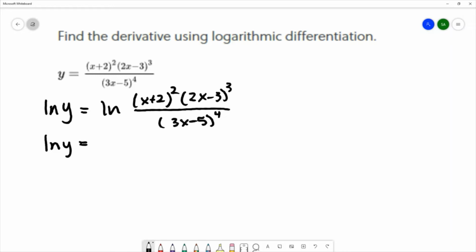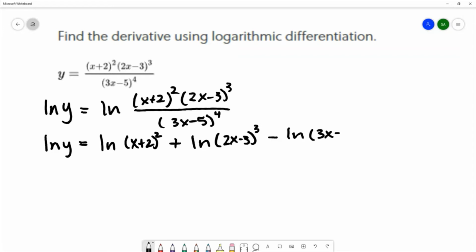Using the product rule and the quotient rule for logarithms, I can write this as natural log of x plus 2 squared plus natural log of 2x minus 3 cubed minus, I'm putting a minus because this last factor is in the denominator, natural log of 3x minus 5 to the 4th.